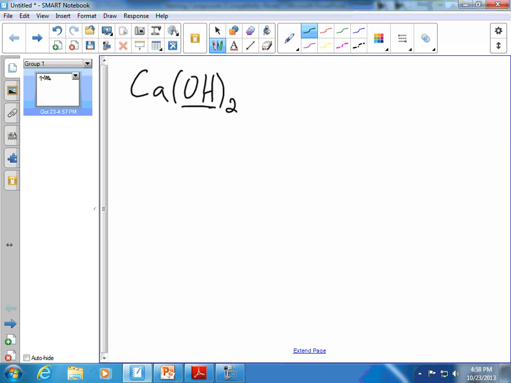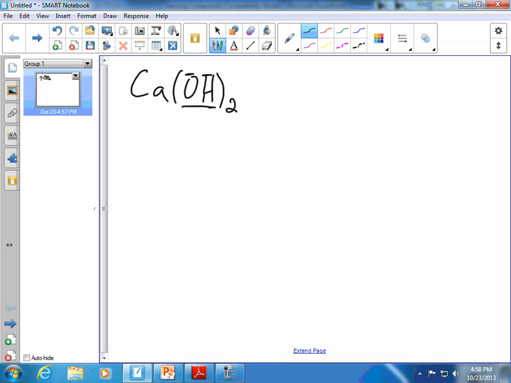Another thing it says is that the polyatomic ion is usually going to have more than one capital letter within it. In the example of hydroxide, we have a capital O and a capital H. Whereas when we're just dealing with a single ion by itself, very rarely, if at all, are you going to find more than one capital letter.